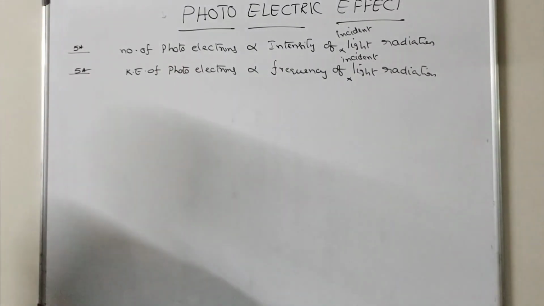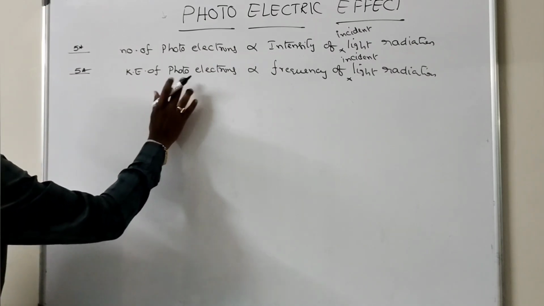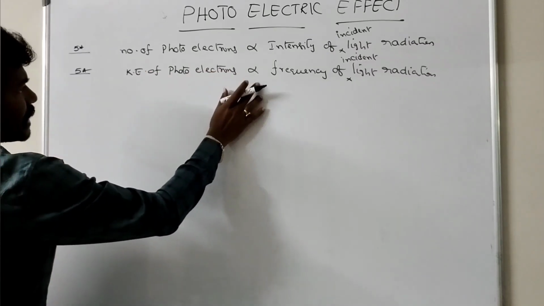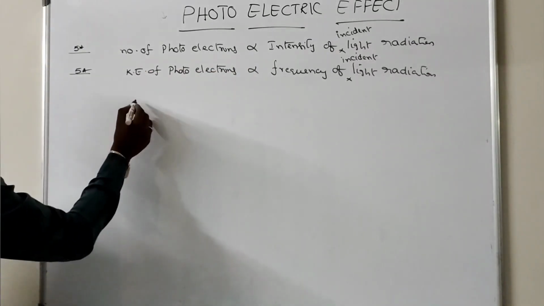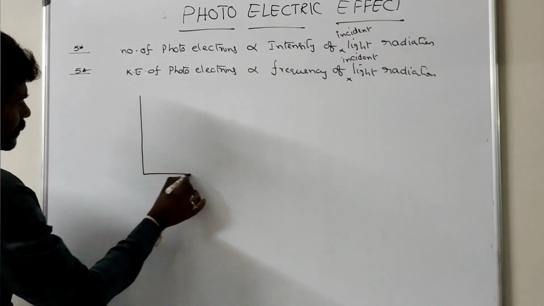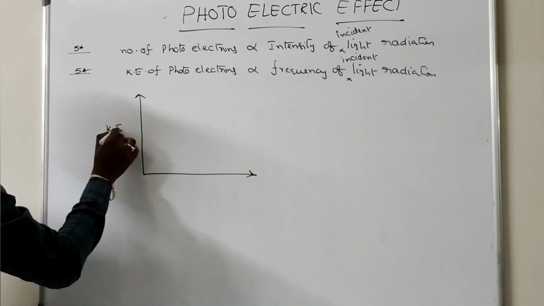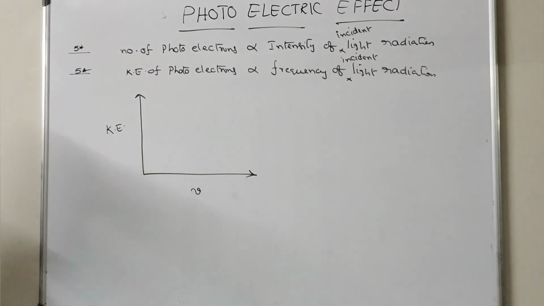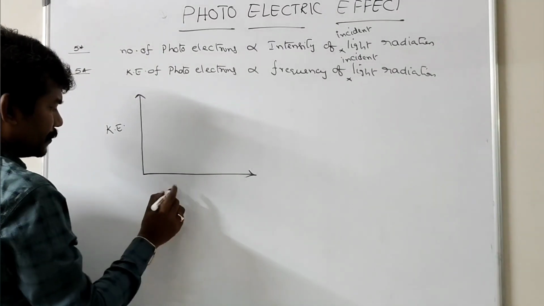Very, very important statement type question. So, kinetic energy of photoelectrons is directly proportional to the frequency of incident light radiation. Let us see the graphical representation. Kinetic energy versus frequency nu.